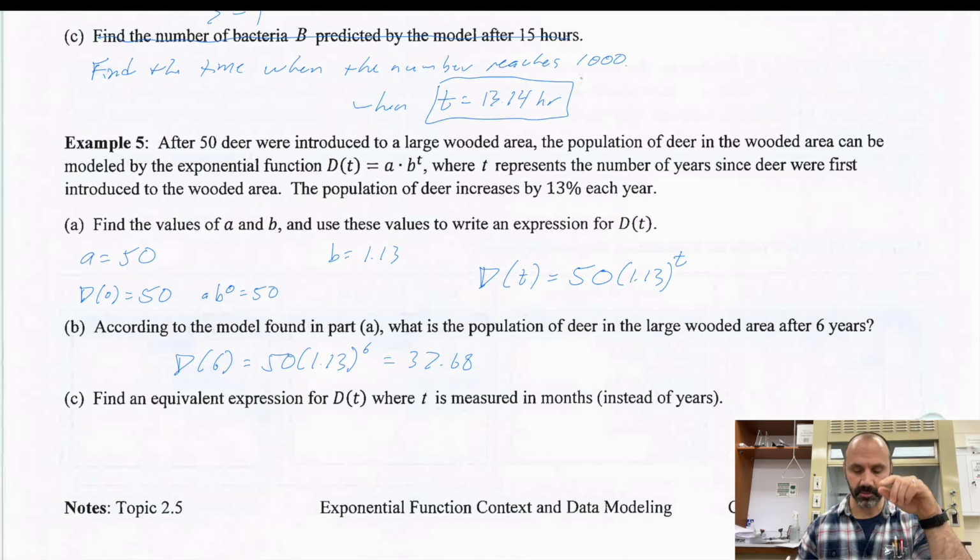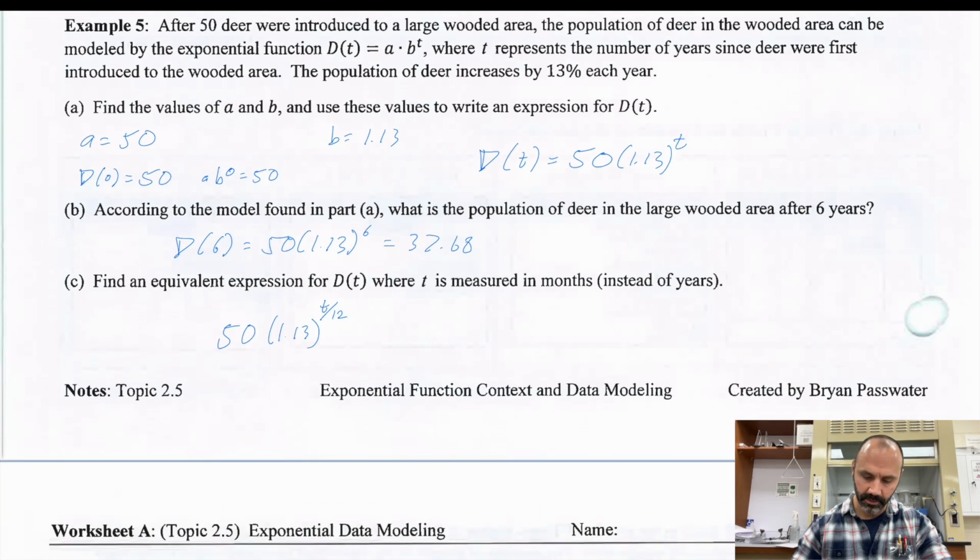And so if I take the exponent and divide it by 12, so t over 12, that'll give me the same results. Imagine if I put in 12 months, that gives me the same result as 1 year. I don't have to change any other numbers there, the initial value or the base, because I know that after 12 months, it's changing by a factor of 1.13.